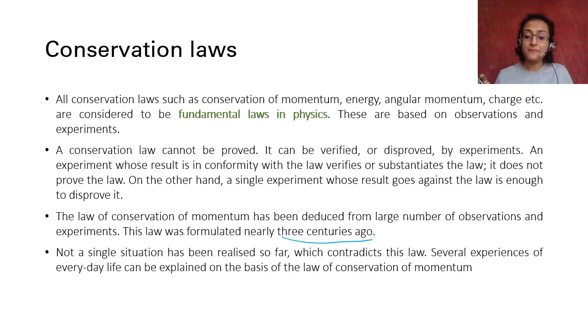But there has not been a single situation, and trust me, people have been working on this for a very long time and they have done a lot of experiments. Not a single situation has been realized that has contradicted this law for nearly 300 years, right? And several experiences of everyday life can be explained on the basis of the law of conservation of momentum, right?